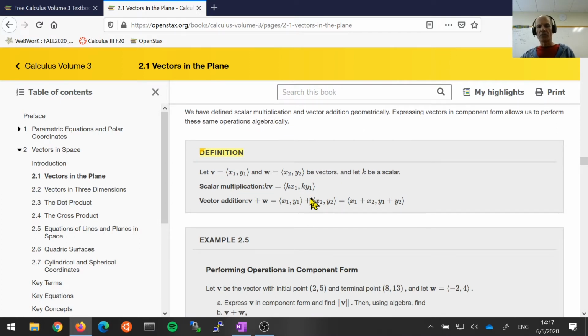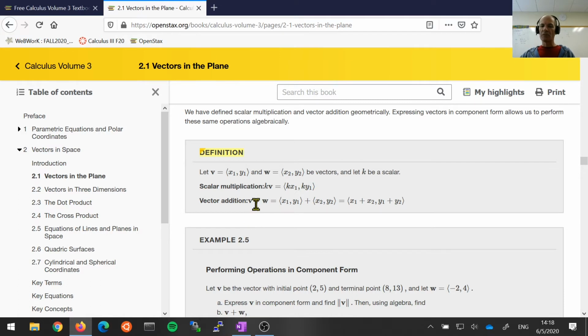Beautiful thing about this component representation is lots of the vector operations that we've introduced in the abstract sense or using arrows can actually be done very explicitly, very mathematically using these coordinate representations. For example, scalar multiplication is as simple as distributing the scalar onto each component. So k times the vector is k times the first component, comma, k times the second component.